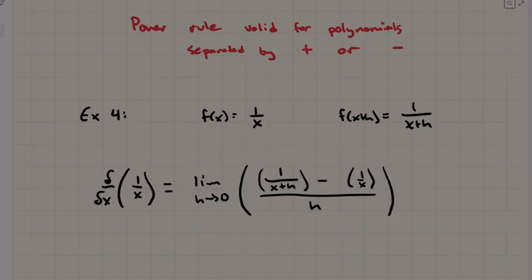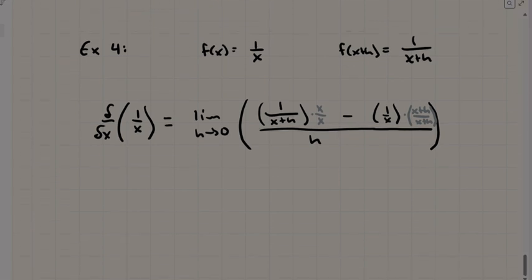And in order to do that, they're going to need to have the same denominator. They don't have anything in common, so we will just multiply them by each other's denominator. And we'll do it in a way that we're just multiplying by 1 so that we don't change the value of anything. But this way now both of the denominators will be x times x plus h.